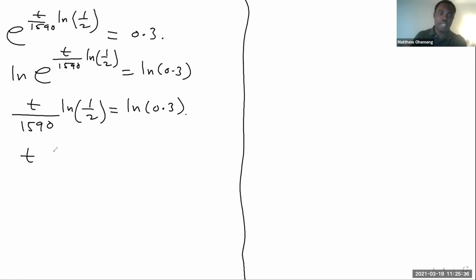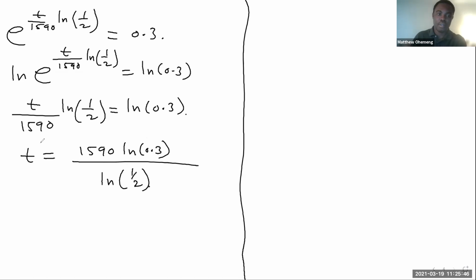So that gives me t equals 1590 ln of 0.3 all over ln of half. And that's my answer. Looking at the approximation, that time is 2762, so t is approximately 2762 years.